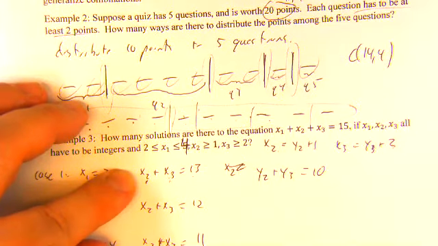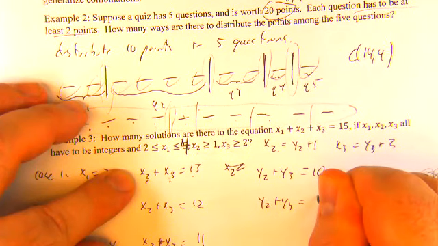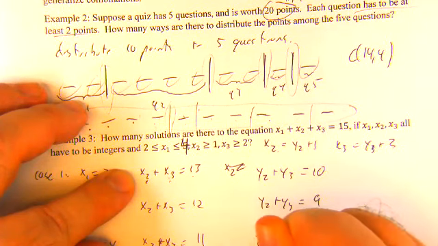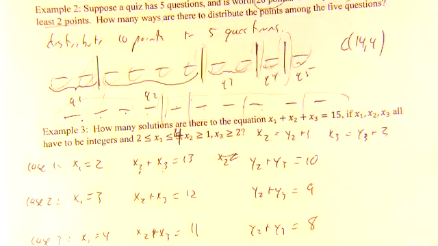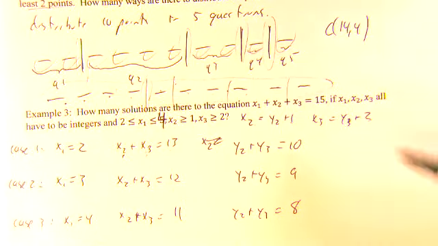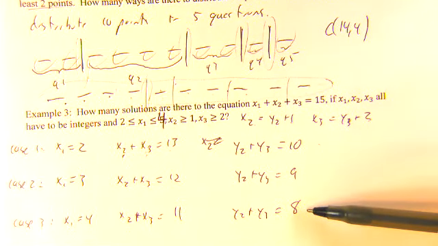So y2 plus y3 has to be equal to 10. Here, y2 plus y3 has to be equal to 9. And here, y2 plus y3 has to be equal to 8. So this problem comes down to the question of how many solutions there are to this, to this, and to this.